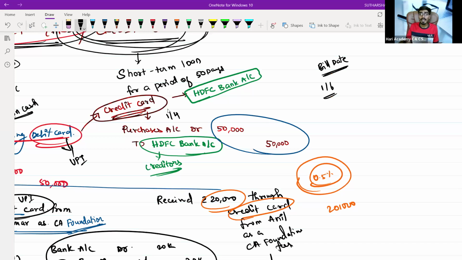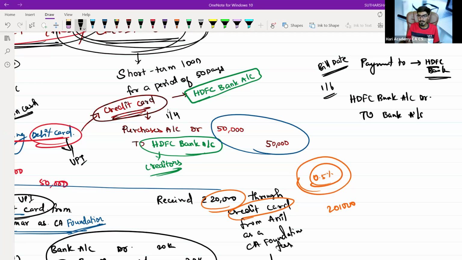At that time, I should make a payment to HDFC Bank, my credit card provider. At that time, I will pass a journal entry: HDFC Bank account debit to my bank account.